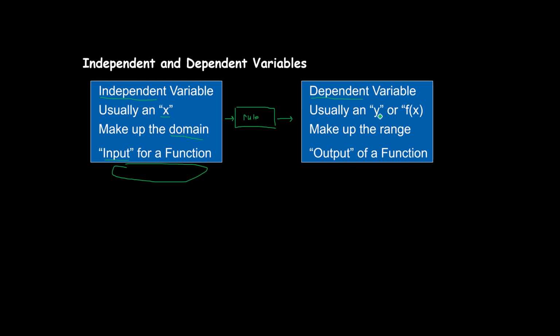Notice I'm using lots of different words and symbols here, all of which mean the exact same thing. We're going to be given some kind of a value. That value goes into a rule or a description, and it outputs some other value.